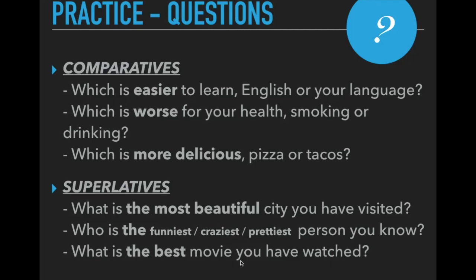What is the best movie you have watched in all your life? What's your favorite movie? So it would be nice if you guys write an answer to one of these comparatives, and one of these superlatives. So two answers, and you put them in the form for this week. You can just type if you have any questions or doubts, but also you can type your two examples. So one from here, one from here.